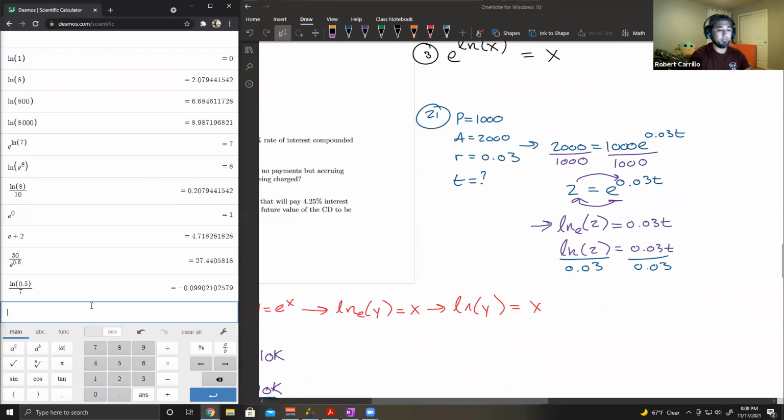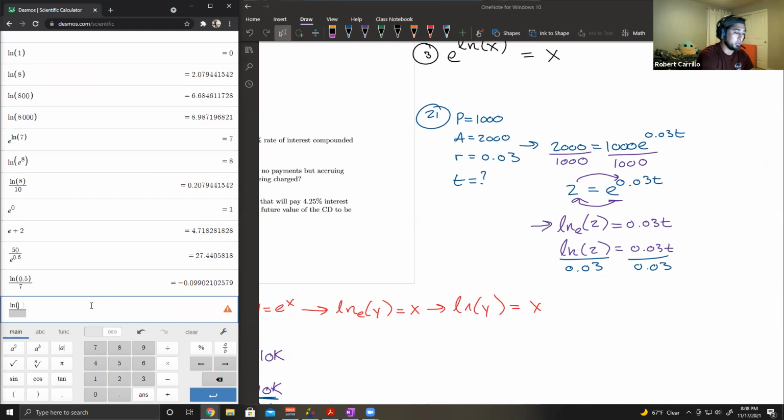So typing that in, natural log 2 over 0.03. And we get that in order for our money to double, it's going to take 23.10 years.